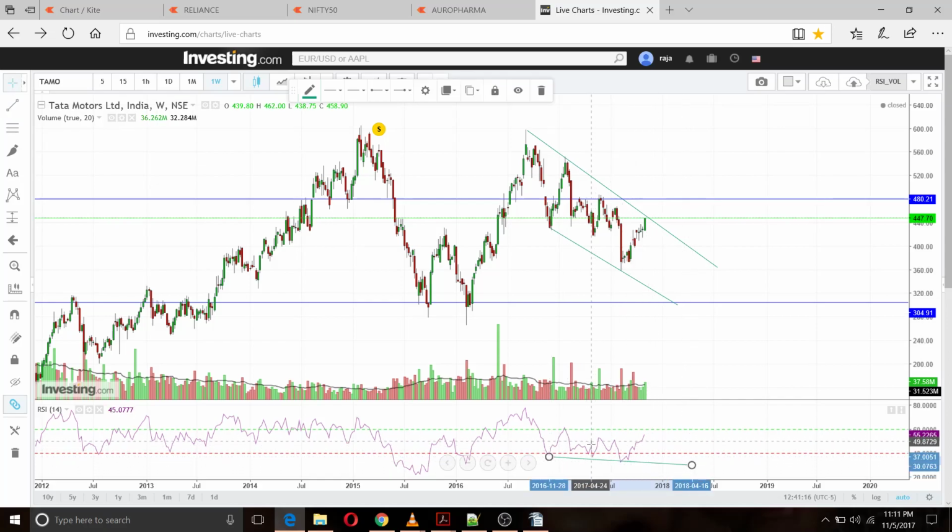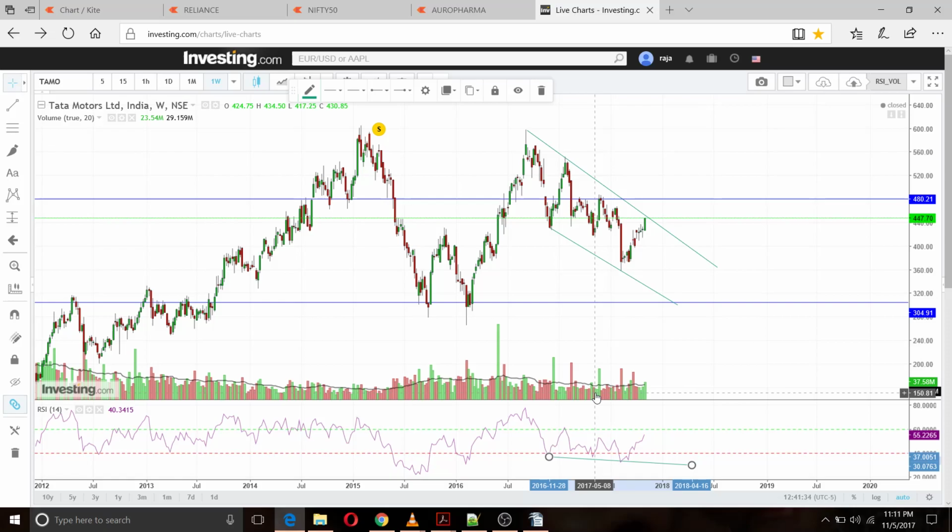If you see, RSI is constantly making lower lows, at each low RSI is becoming lower. That means it is forming a positive reversal.